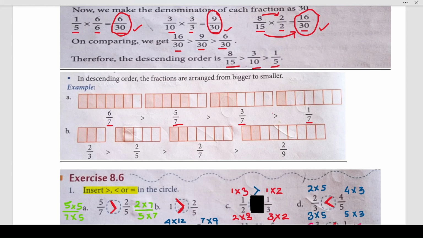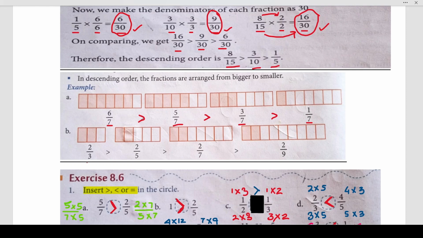Why have we written it in this sequence? Because descending order has been asked. So, descending means bade se chota. So, 6, 5, 3 and 1 will be written like this, and then we will put the comparative sign like this. That means showing that 6 by 7 is greater than 5 by 7, 5 by 7 is greater than 3 by 7, and 3 by 7 is greater than 1 by 7.